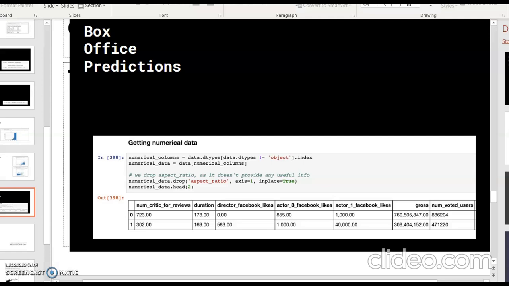So if we look at the data, we can see that this was the data provided by the IMDb database, and we could see that the data is scattered across, and the number of critics per reviews, the durations, the actors' likes on Facebook, and then the gross have some sort of correlation.